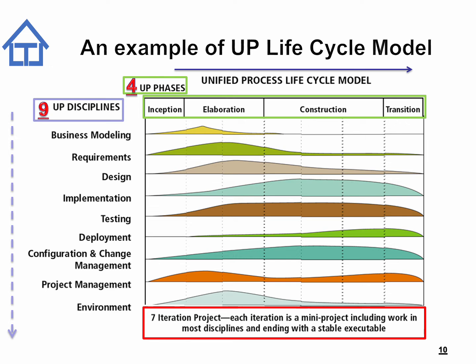So, how many iterations should there be in each phase of a project? Well, this will depend on the type, size, and complexity of the project. Next, we will look into each of the UP phases and their objectives in more detail.